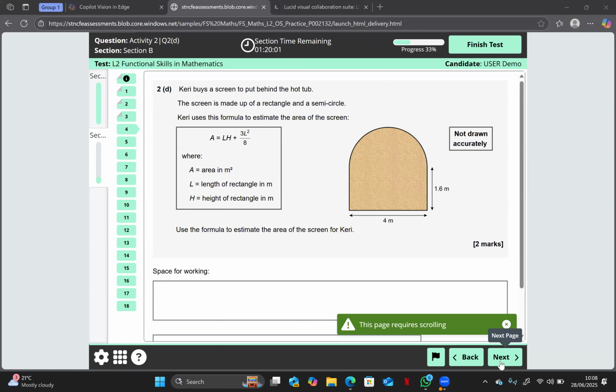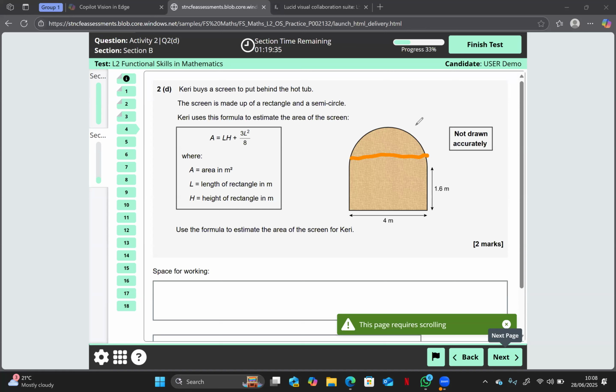So, what we can do is split this into a semicircle and a rectangle like it said.